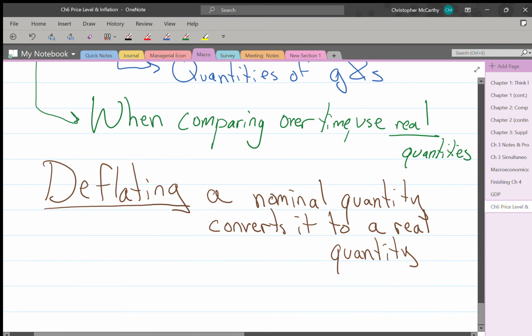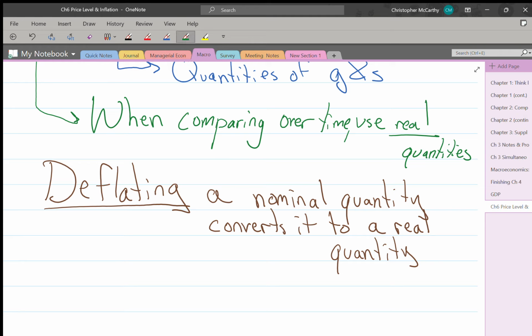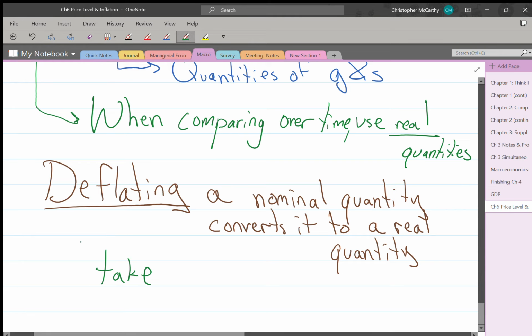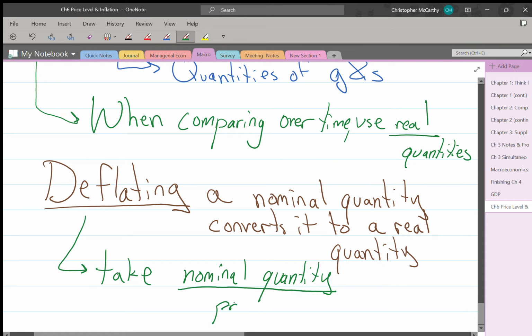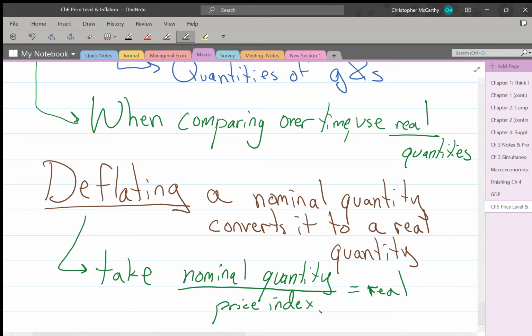So how do we deflate stuff? Well, we take the nominal quantity and we divide it by the price index, and that'll give us the real. So let's go ahead and do a problem, make things a lot clearer. I tend to do that.